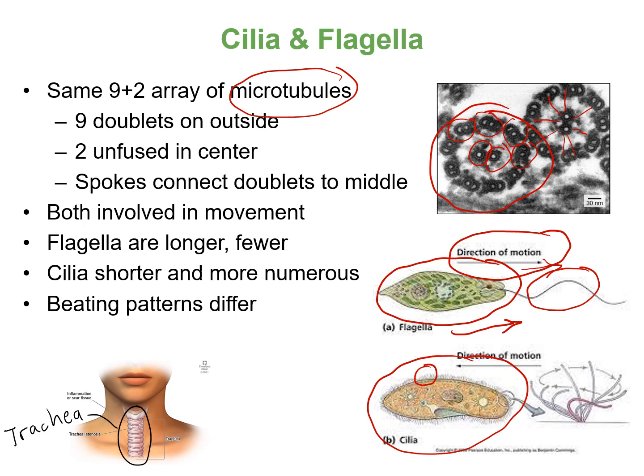It looks like it might go this way, but in this case, it uses it to pull the organism to the right. And cilia tend to move a little bit differently. They have a beat or wave-like motion that can propel the cell, or in some cases, allows us to move things across the surface of the cell. This is true for our upper respiratory system.